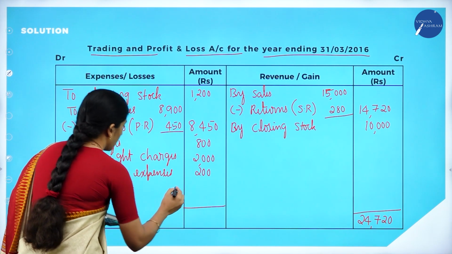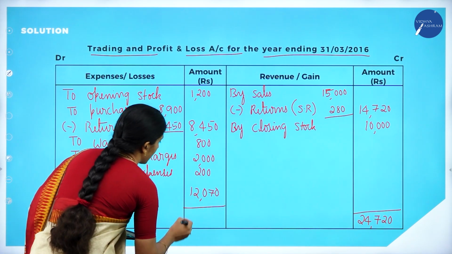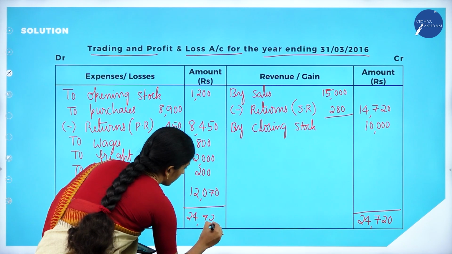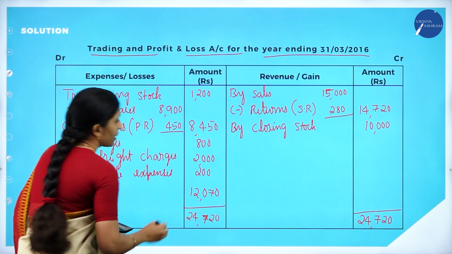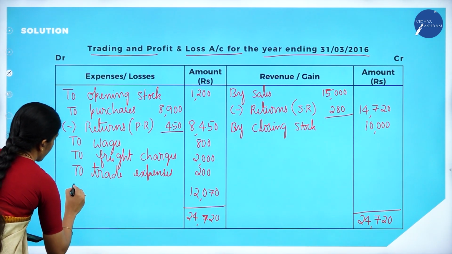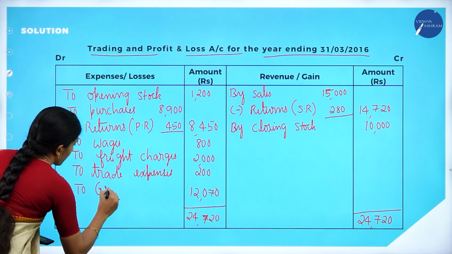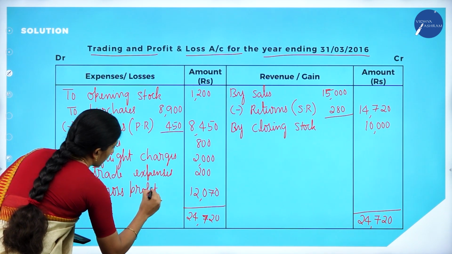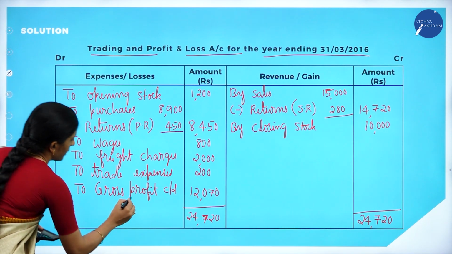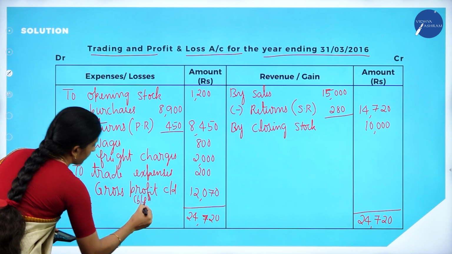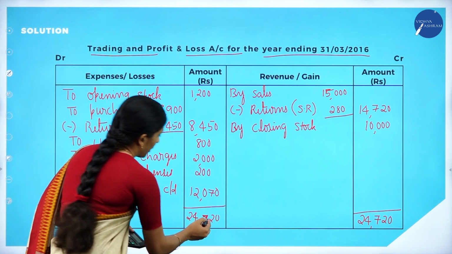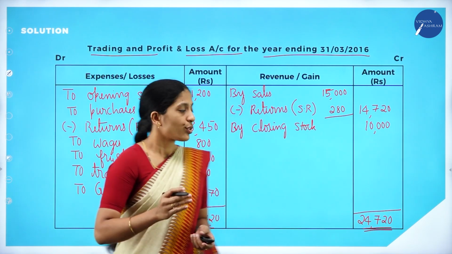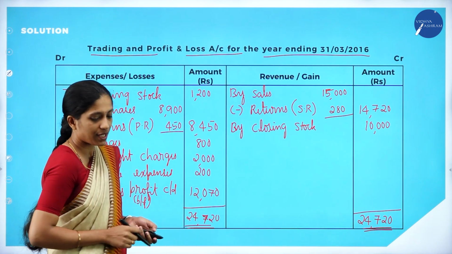So we'll get 12,070. So this is gross profit. The balancing figure is gross profit carried down. And this is the balancing figure. So hope you are clear about it. So total of both sides is 24,720. So your gross profit is 12,070.